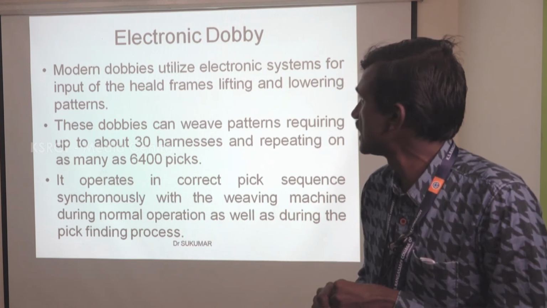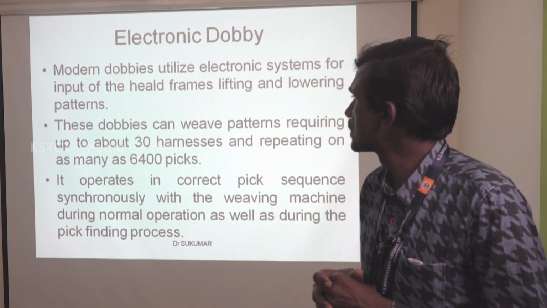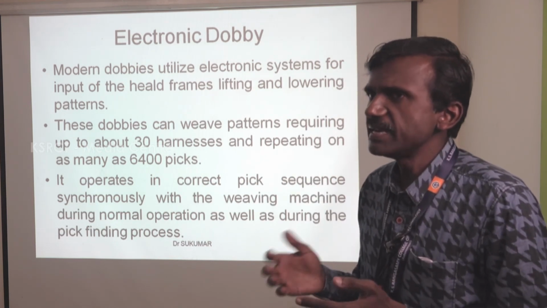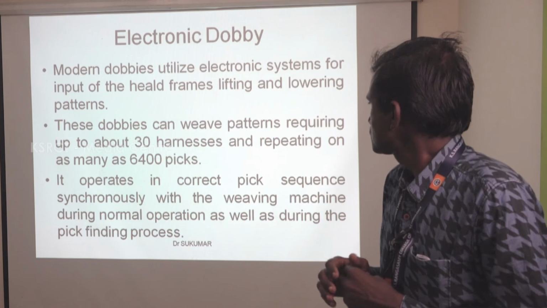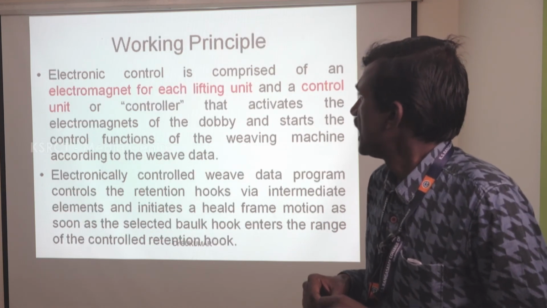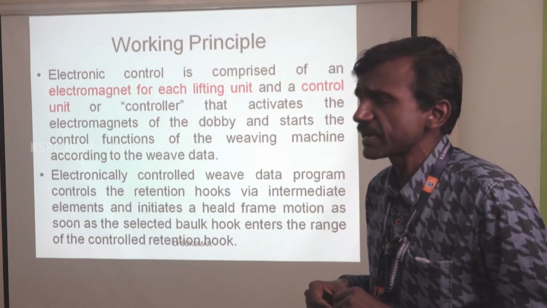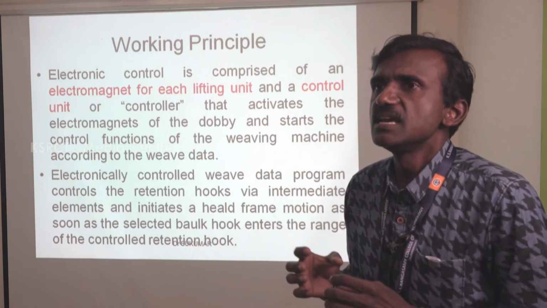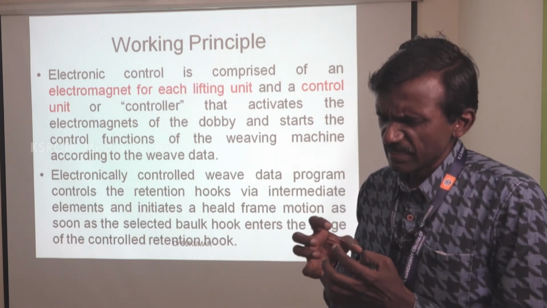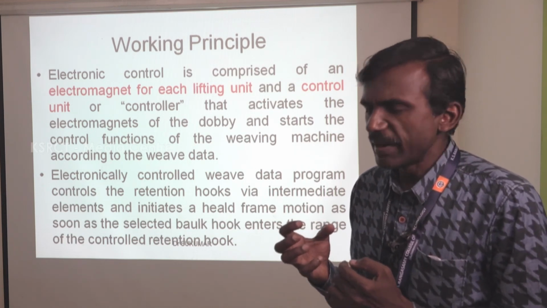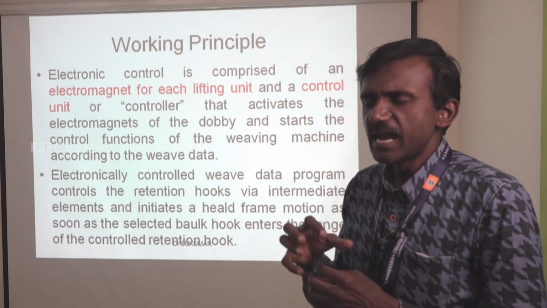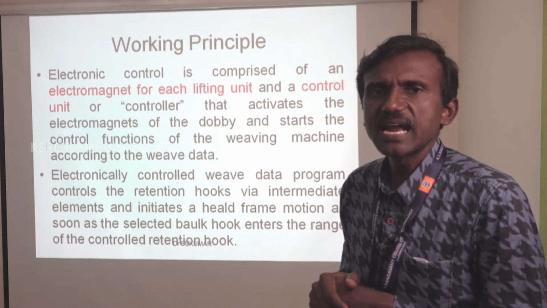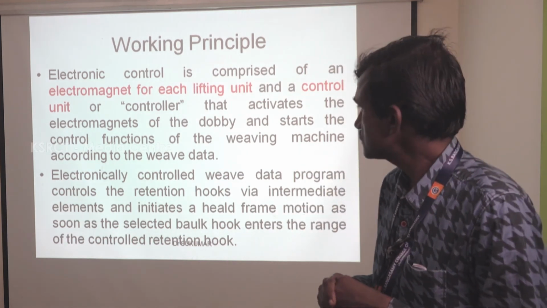You can just load it on the machine and it can control, as you see here, up to 6400 picks that can be stored and operated. The electronic Dobby works on an electromagnet mechanism. That is, the jack levers are attracted by the electromagnet, and by the electromagnet that particular heel shaft is raised and lowered.